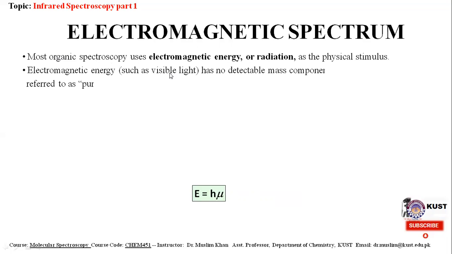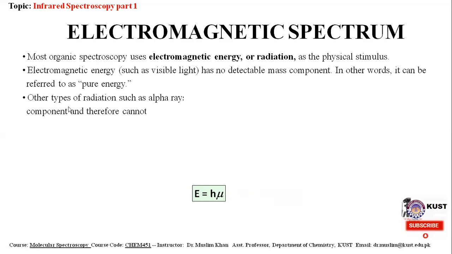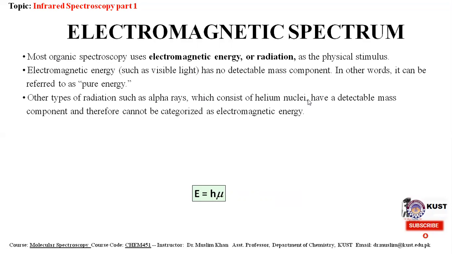Electromagnetic radiation, such as visible light, has no detectable mass component; in other words, it can be referred to as pure energy. Other types of radiation, such as alpha rays, which consist of helium nuclei, have a detectable mass component and therefore can't be categorized as electromagnetic energy.